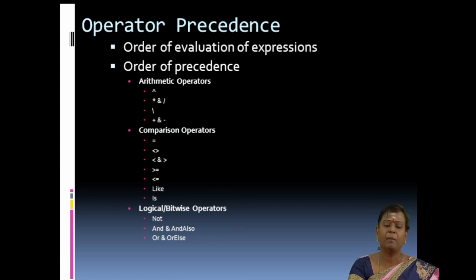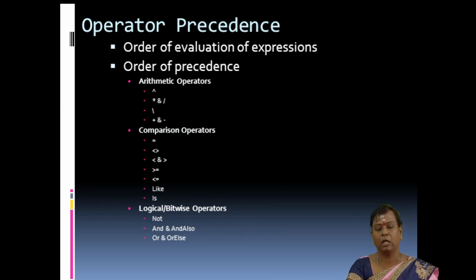Under arithmetic operations, power gets the first precedence, then star and slash, then backslash, then plus and minus. Comparison operators equal to, not equal to, then less than and greater than have the same precedence, then greater than or equal to, less than or equal to, the LIKE operator, then the IS operator.